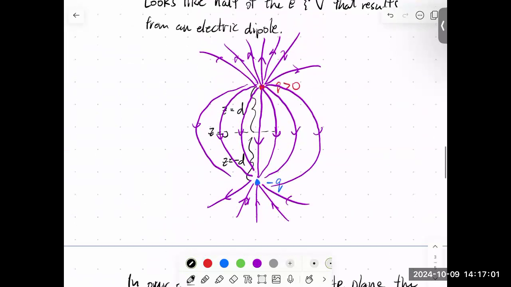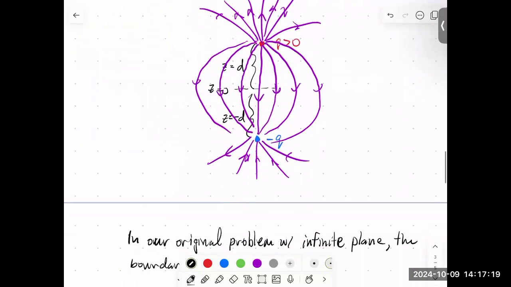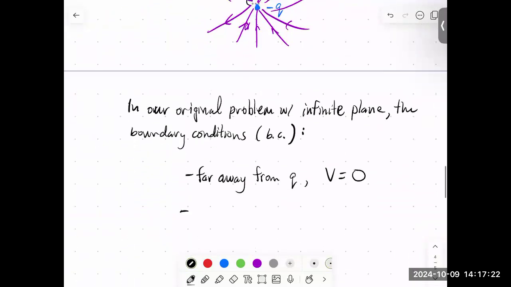Another boundary condition is we've got this plane where we're forcing the potential to be 0. That plane sits at Z equals 0. So for any combination of X and Y with Z equals 0, V has to be 0. Everywhere where Z equals 0, we must have V equals 0.